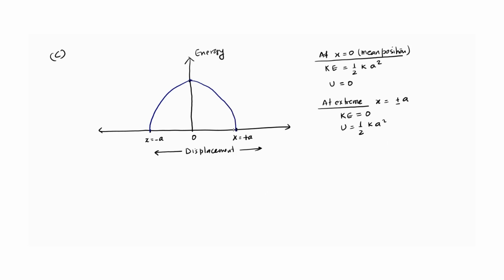So this is kinetic energy. And what about potential energy? We know at mean position, potential energy is 0, so it starts like this.